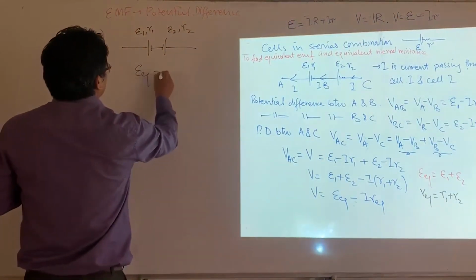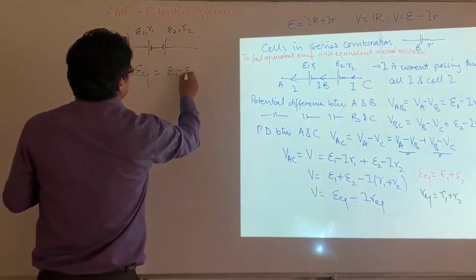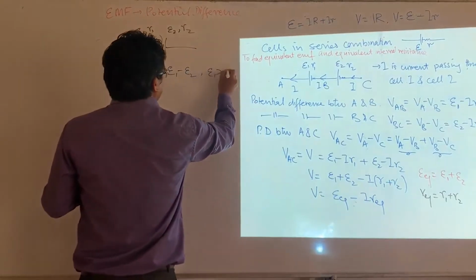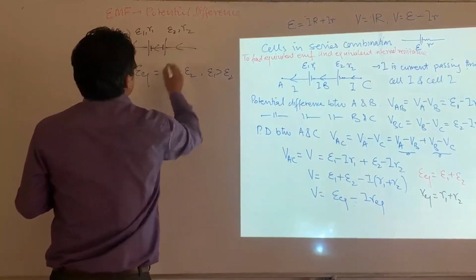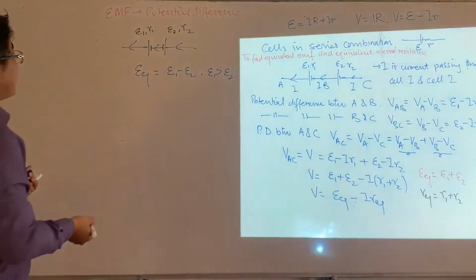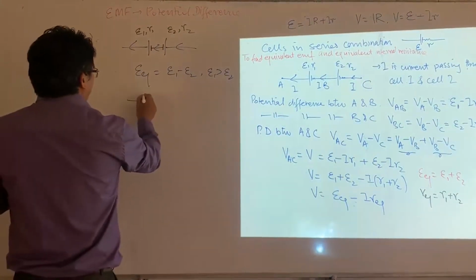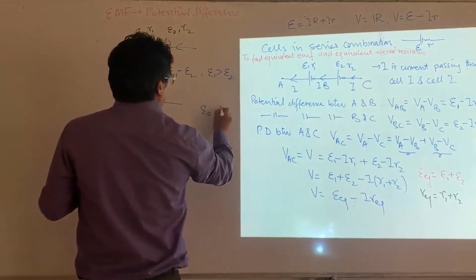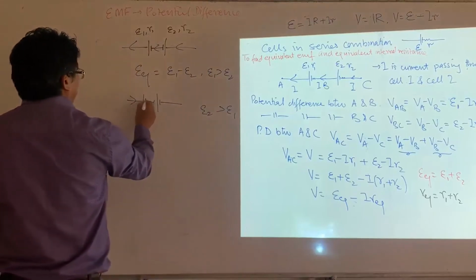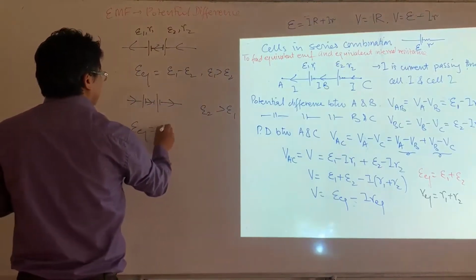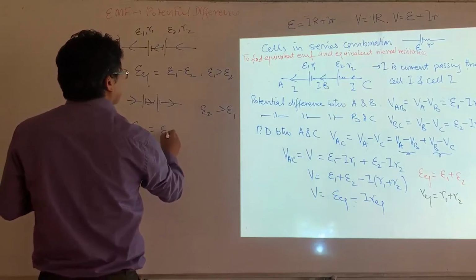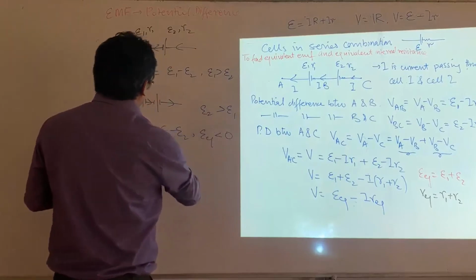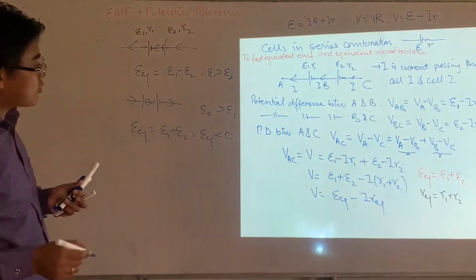Then equivalent EMF is going to be EMF 1 minus EMF 2, whichever is greater. If this is greater than this, then the current will go like this. If E2 is greater than E1, then current would go like this. Why? Because equivalent EMF becomes negative now, so current goes from this side. So you should keep that in mind.